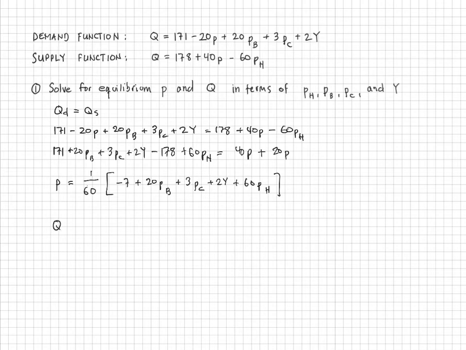And then in terms of finding equilibrium quantity, I'm just going to take this p and plug it in. Since there are fewer variables in the supply function, I'm going to plug it into the supply function here. So now we have 40 times p, and again, p is equal to 1 divided by 60 times minus 7 plus 20pb plus 3pc plus 2y plus 60ph.